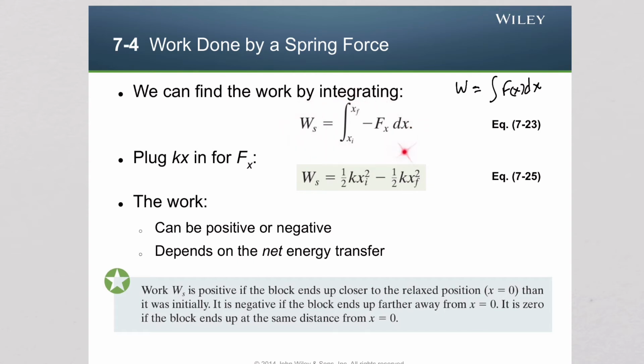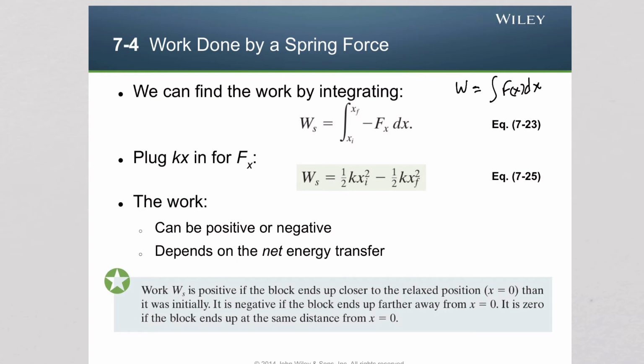Solving this integral gives us an expression for the work done by the spring force, which is given with this formula here. The work done by the spring force is equal to a term that depends on the spring constant and the initial position of the block to the second power, minus a second term which also depends on the spring constant and the final position of the block to the second power.